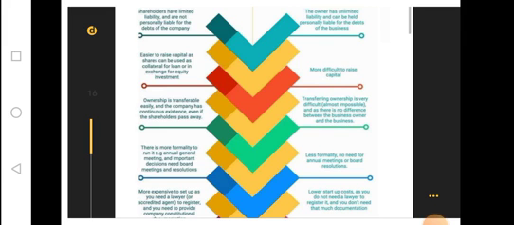The first difference says shareholders have limited liability and are not personally liable for the debt of the company. While if you register your business as a business name, you and the business are the same thing. On the other side, the owner has unlimited liability and can be held personally liable for the debt of the business.